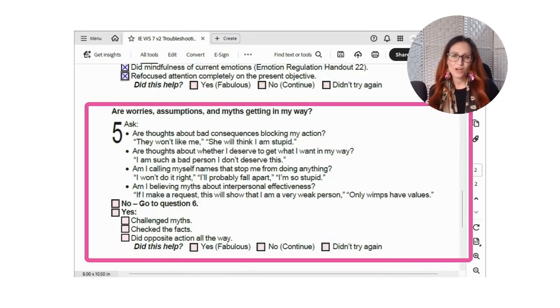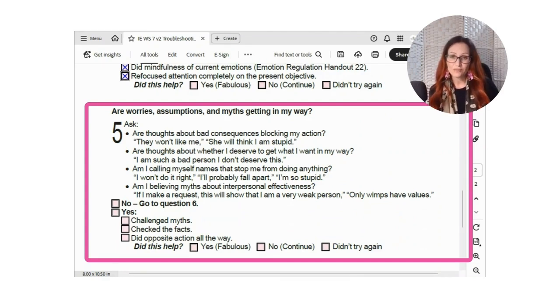Number 5, are worries, assumptions, and myths about interpersonal effectiveness getting in the way? Ask yourself if thoughts about negative consequences are getting in the way, such as thinking they won't like me or she'll think I'm stupid. Are thoughts about whether or not you deserve to get what you want getting in the way? Are you thinking that you're such a bad person that you don't deserve this?